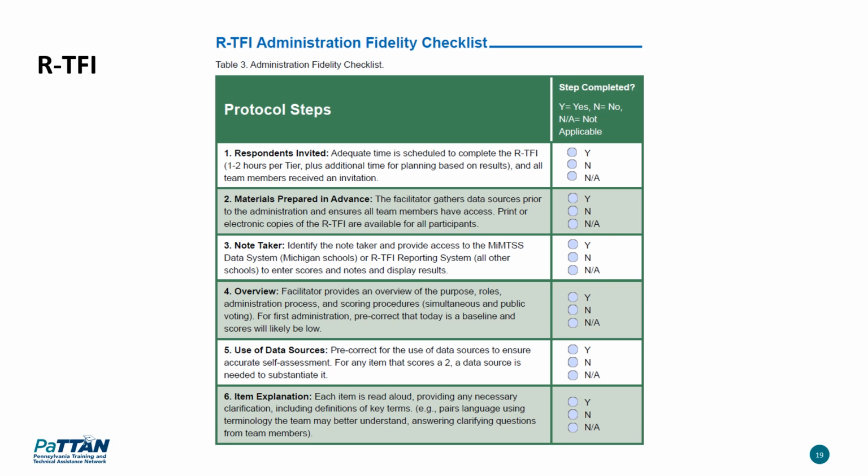So you'll notice within each step of the protocol system for how to administer and score the R-TFI, we have the opportunity to decide, did we do it with fidelity? Completing the assessment with fidelity will allow our leadership team to know that the scores and the responses they got are valid and reliable, and we can make good, informed decisions about our action planning moving forward to improve systems.